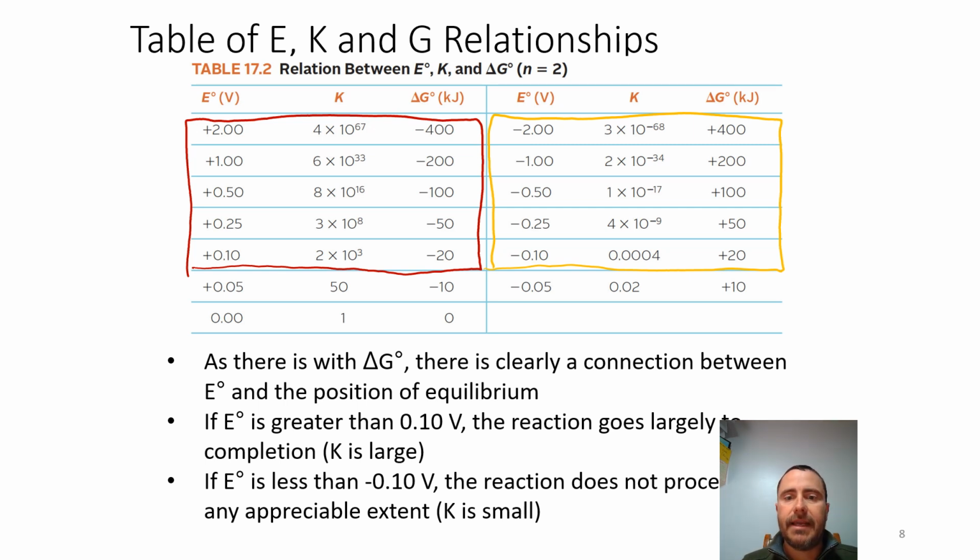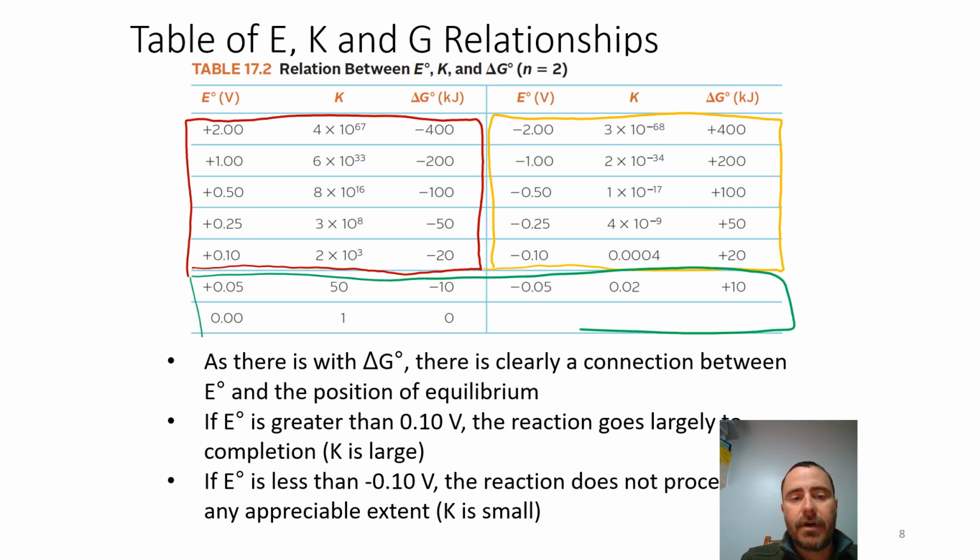The more negative that voltage is, the more we'll end up with reactions that barely make any products whatsoever, so we're left with almost all reactants. And anywhere in between those two, we're going to have appreciable amounts of both reactants and products once it's all said and done.